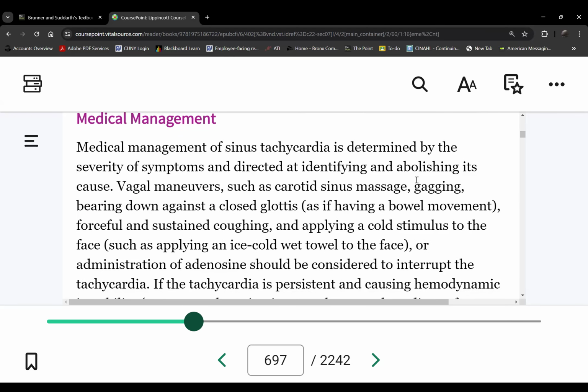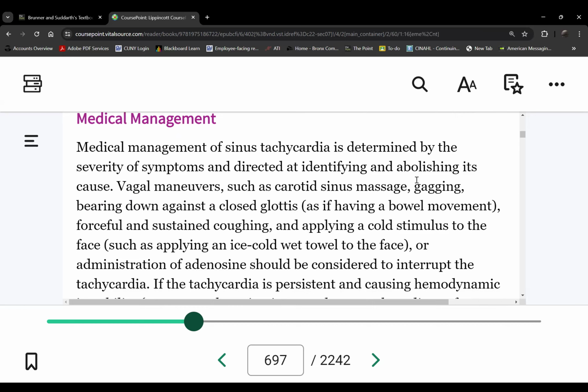Same as sinus bradycardia, what do you do first? Assess the patient. Is the patient symptomatic? If there are no symptoms, do you really need to panic? No. The patient is tolerating it, meaning there's no need. I'm not saying there's no intervention. Of course you find the cause.